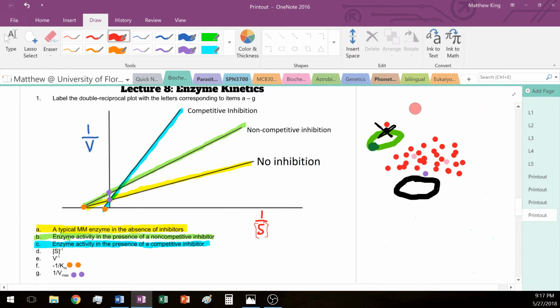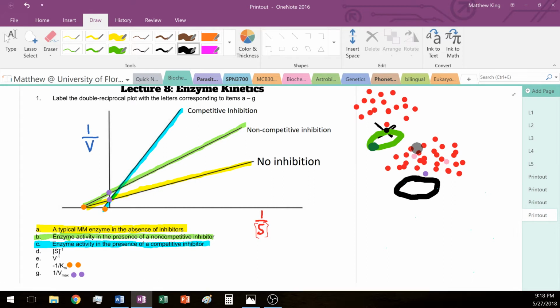So if you think about it, let's just say we have a whole bunch of red substrate out here. It's perfectly good substrate. There's nothing going on with that. But no matter how much of it there is up here, it's not going to be able to bind to our active site at all, because our non-competitive inhibitor has its own special way of screwing up this enzyme. So it basically takes the enzyme and makes it completely useless.